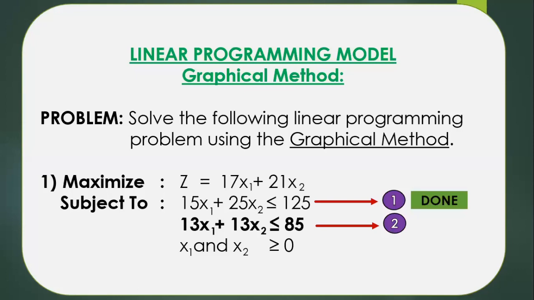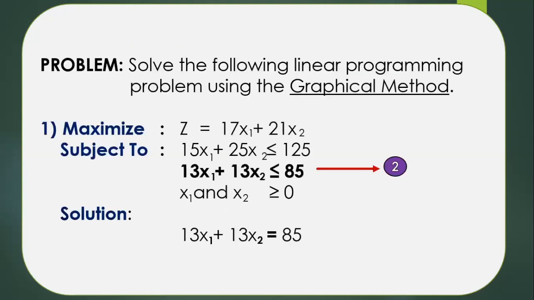So our second linear structural constraint, that would be 13x sub 1 plus 13x sub 2 less than or equal to 85. And remember, the first thing that we need to do is to convert this one into an equation. So converting that one into an equation, that becomes 13x sub 1 plus 13x sub 2 equals 85.